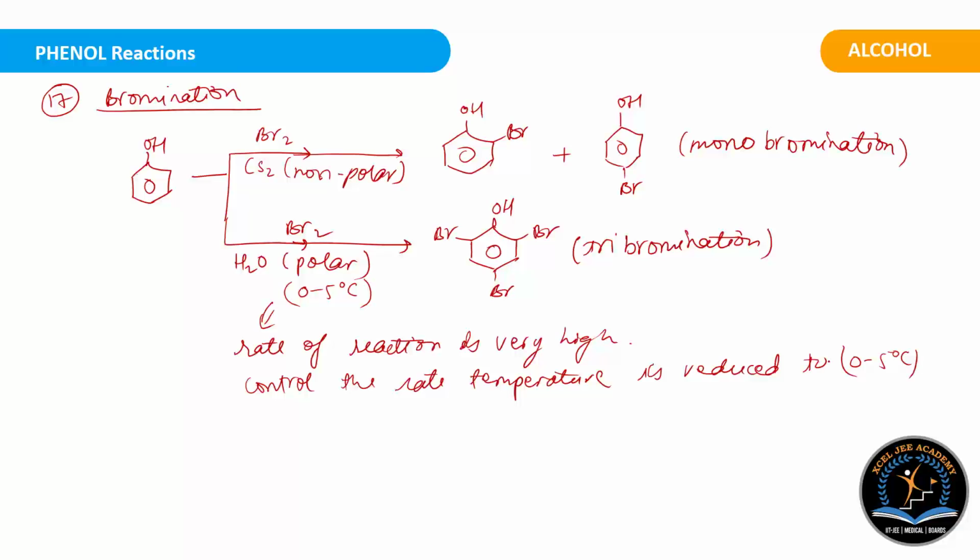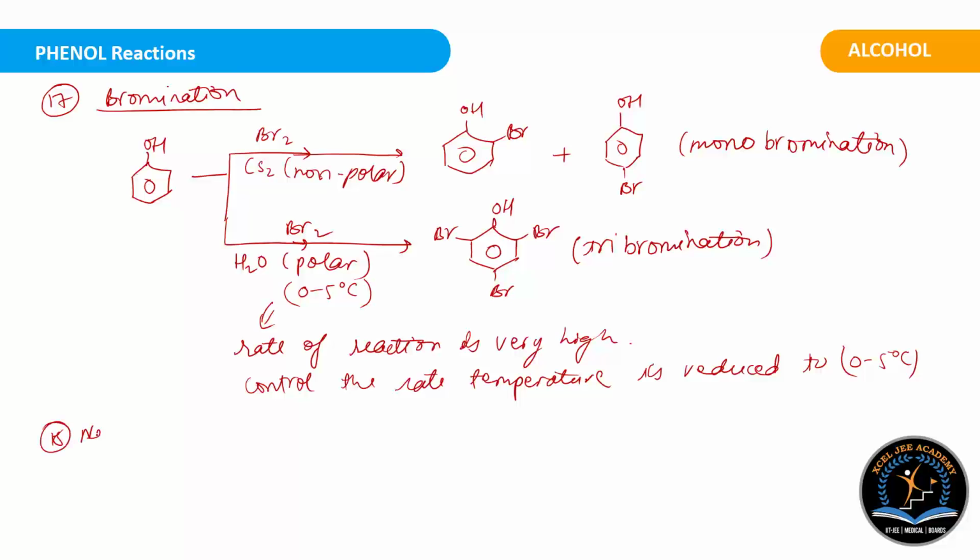Okay, so this is the bromination one. In this case we are having OH, this is an activator, and this is activating the ortho and the para positions for bromine. Okay, so this is a bromination reaction.